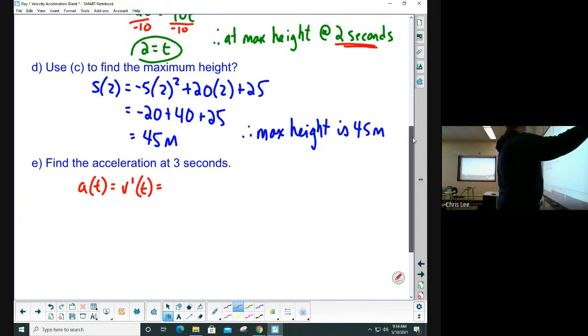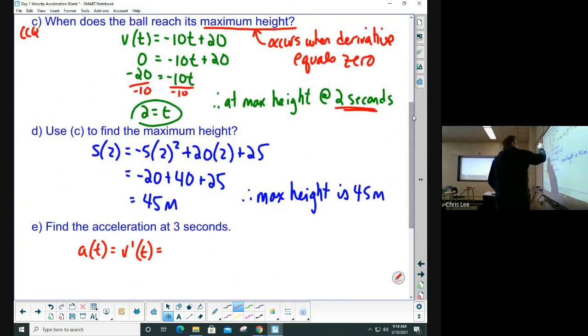So let's go up so I can see my velocity function. There it is right there. And now I'm going to differentiate that. Quickly we see the derivative is just -10. Which means the acceleration is always -10. Doesn't matter that it's at 3 seconds or not.